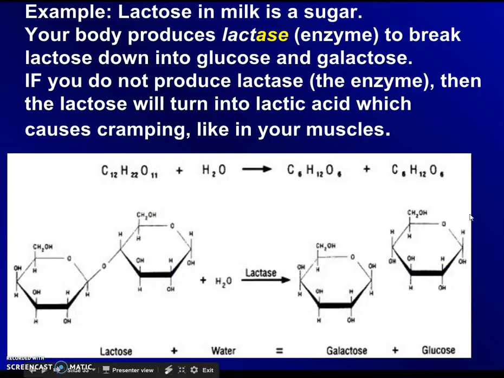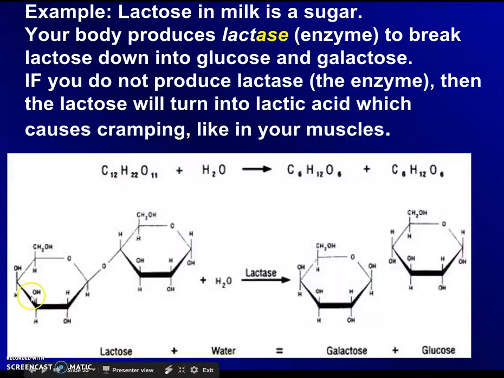So let's look at an example. The example is lactase as the enzyme. It acts on lactose, which is a carbohydrate, and it would be a disaccharide, right? Because it's made of glucose and galactose together. So this is lactose, and lactase is the enzyme that breaks lactose down.